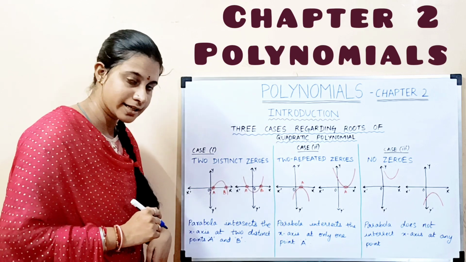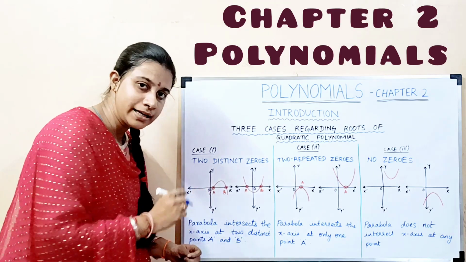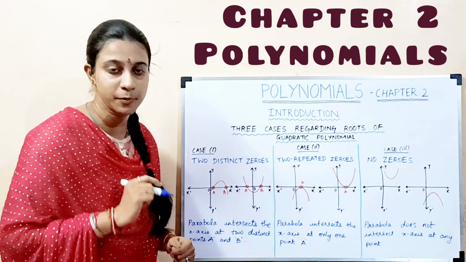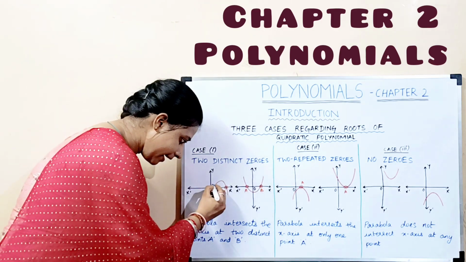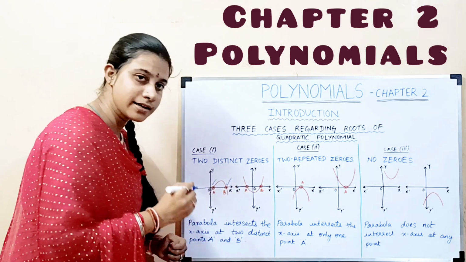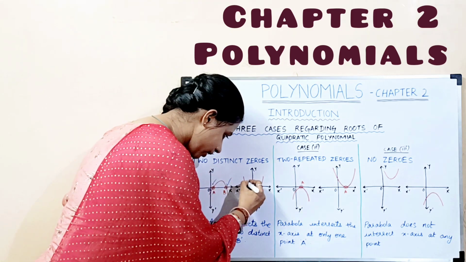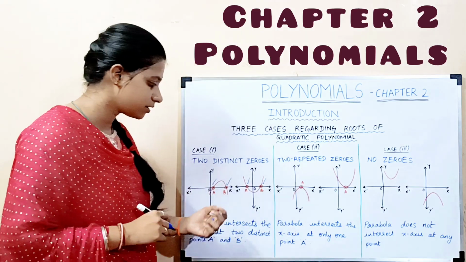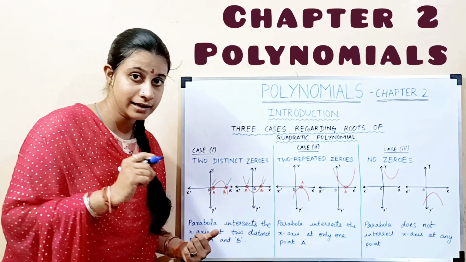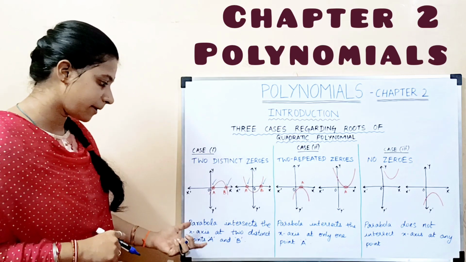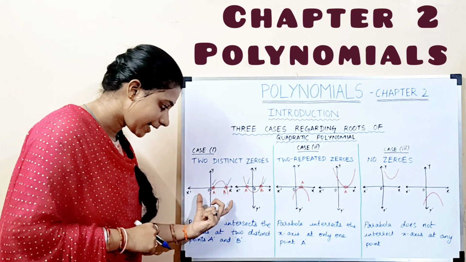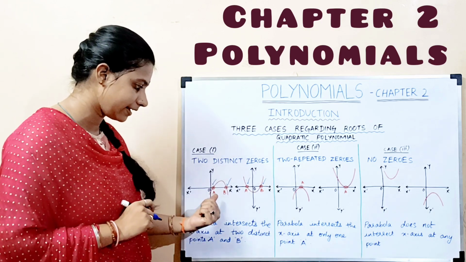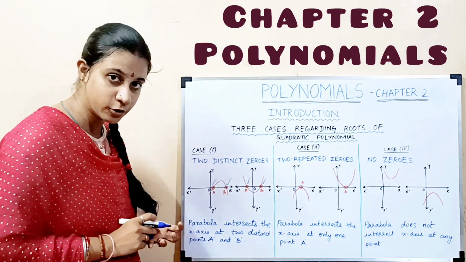When we plot it, we can see that the parabola intersects the x-axis at exactly two distinct points, that is A and B. Either it is an upwards or downwards parabola, there are 2 points A and B at which the parabola distinctly intersects. That is, the parabola intersects the x-axis at A and B, that is 2 points. So we can say that it has two distinct zeros.